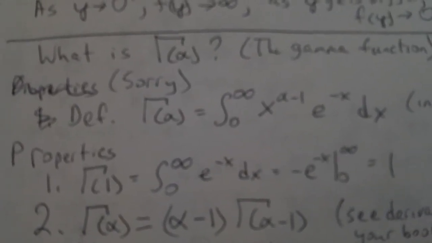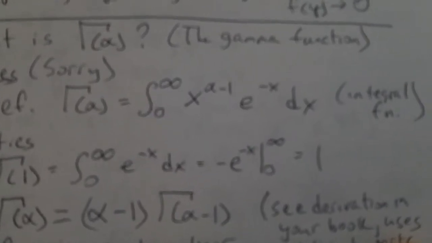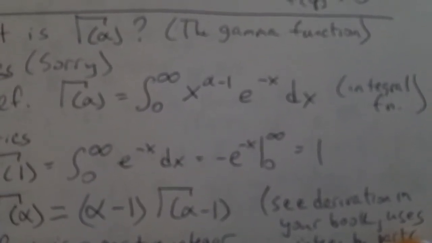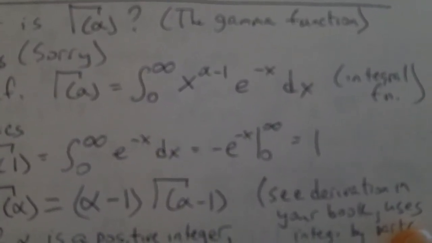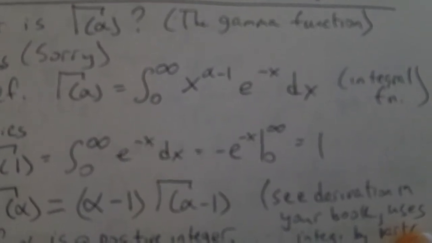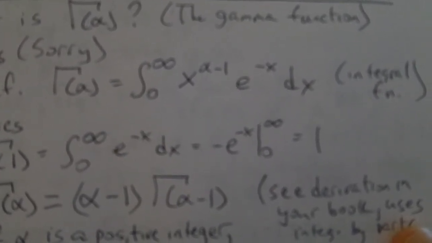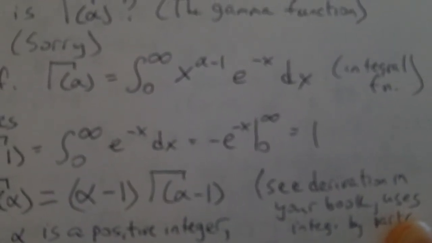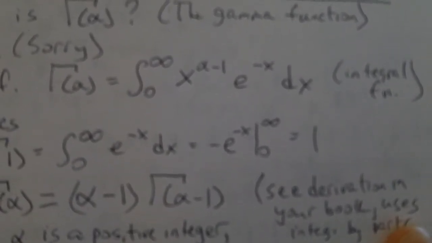So first off, as far as the definition of the gamma function is concerned, it's an integral function. Gamma of alpha is the integral from 0 to infinity of x to the alpha minus 1 times e to the negative x dx. You'll notice that that looks an awful lot like the kernel of a gamma distribution, but we've got e to the negative x as opposed to e to the negative x divided by beta.